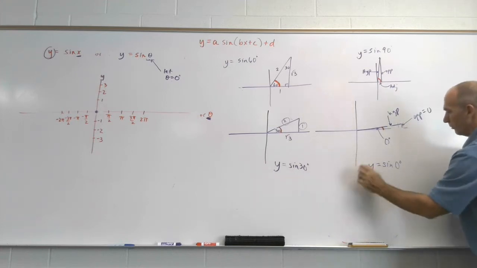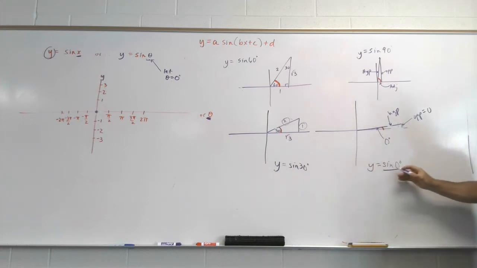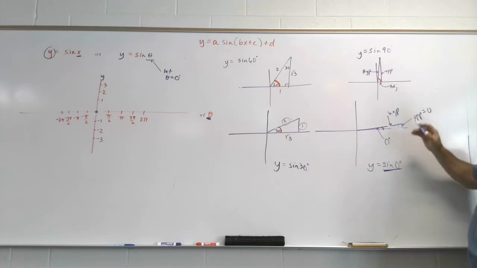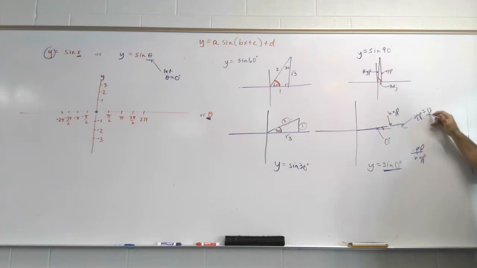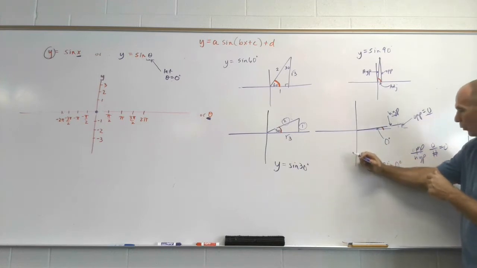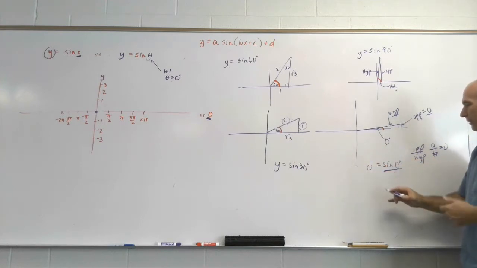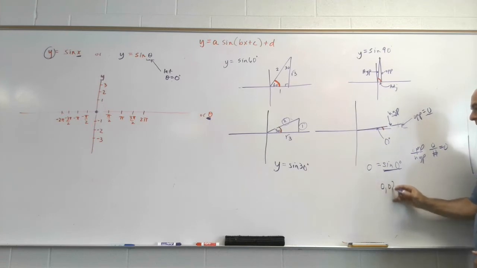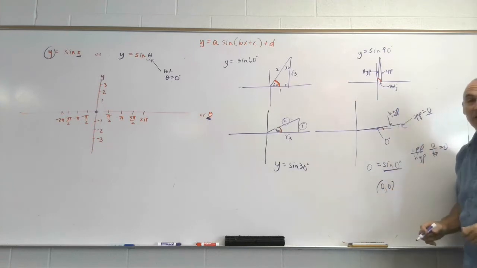Sine of 0 is just saying, okay, spin your 0 degrees, look at the triangle and figure out sine. Well, that's opposite over hypotenuse. Opposite side disappears. My hypotenuse is some number, but it's going to be 0 over some number, which is going to give us 0. So this is saying let x be 0, that's 0 degrees, and your y ends up being 0. So that's a different way of getting the coordinate point 0, 0 on this graph.